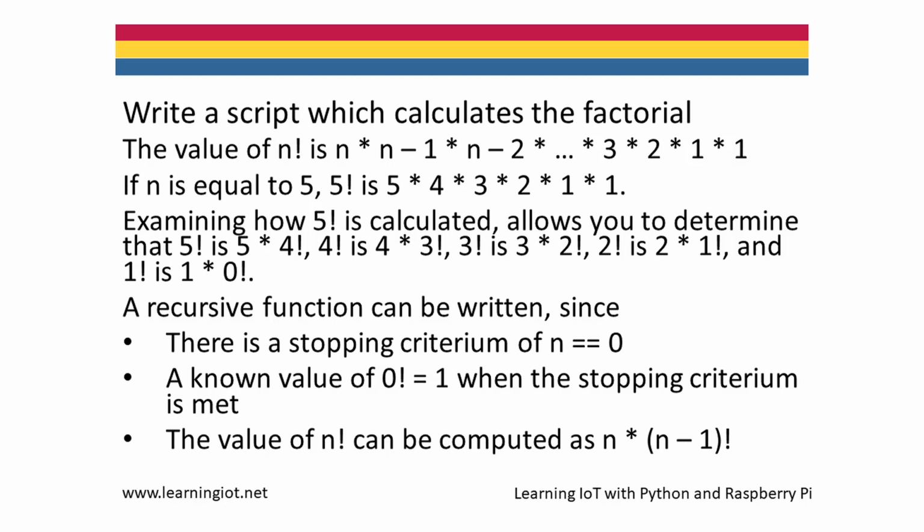A recursive function can be written since there is a stopping criterion of n is equal to 0, and there's a known value of 0 factorial that's equal to 1, and that's when the stopping criterion is met. And the value of n factorial can be computed, as we saw when we were computing 5 factorial, as the value of n times n minus 1 factorial.